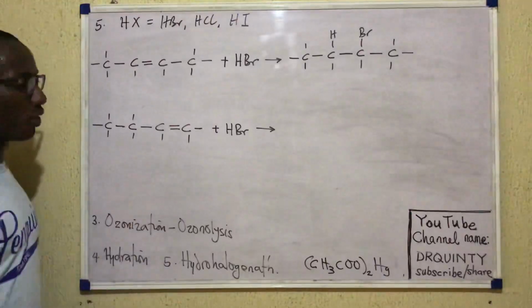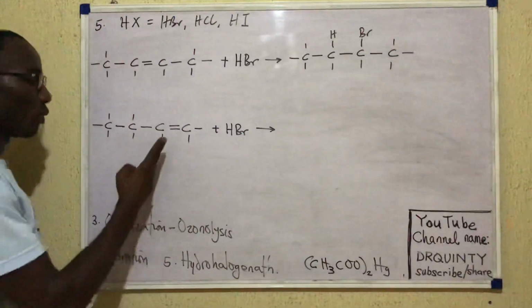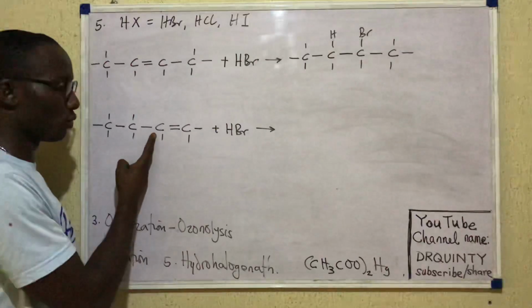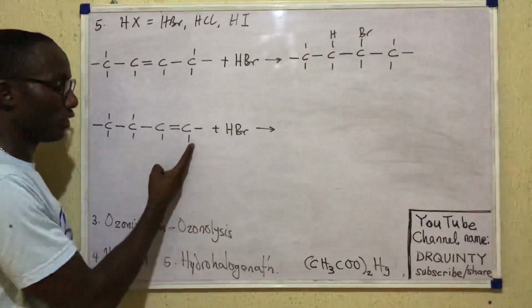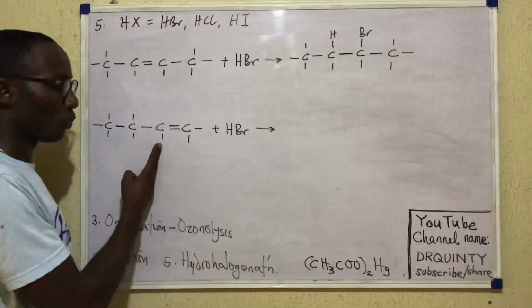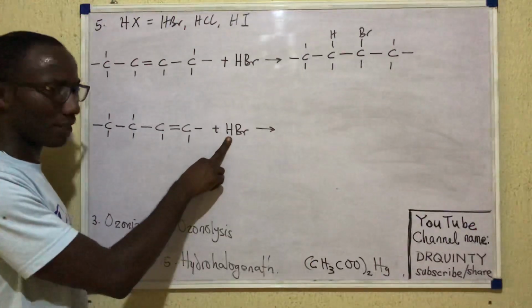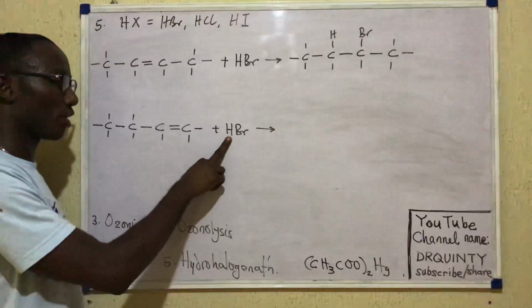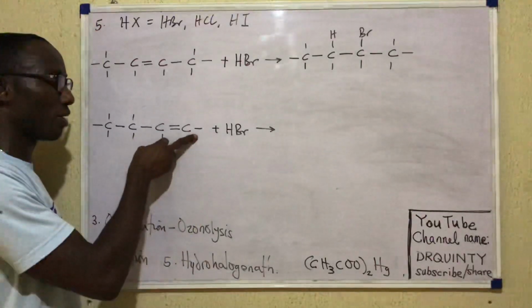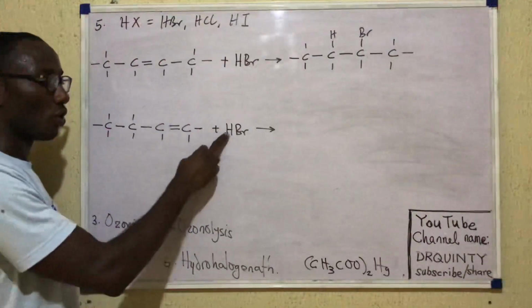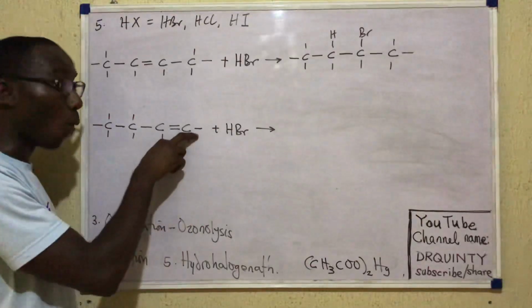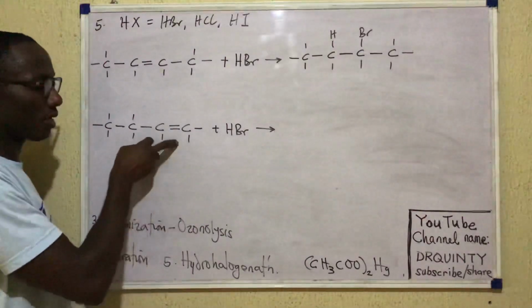So bringing Markovnikov's rule in now, we have carbon 1 and carbon 2. Carbon 1 has 2 hydrogens. Carbon 2 has 1 hydrogen. Where would H enter? That's the question. And according to Markovnikov, you give H to the carbon that already has more H. So your H is going to enter carbon 1, while your bromine enters carbon 2.